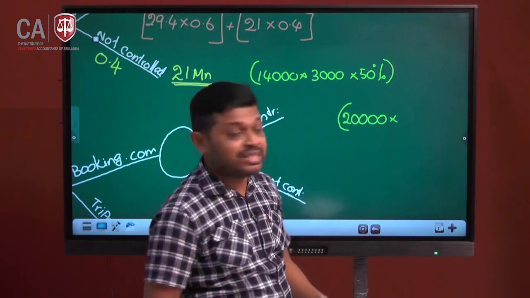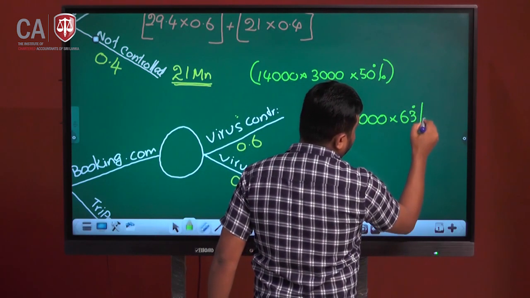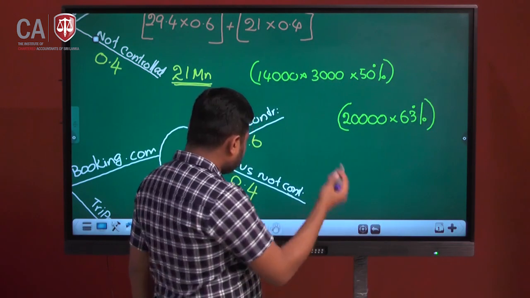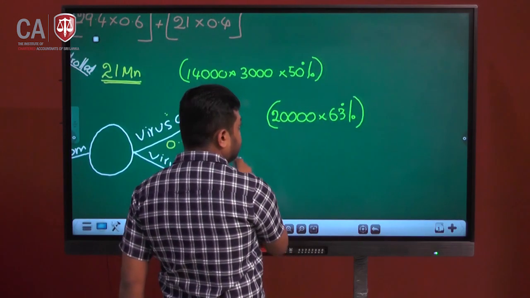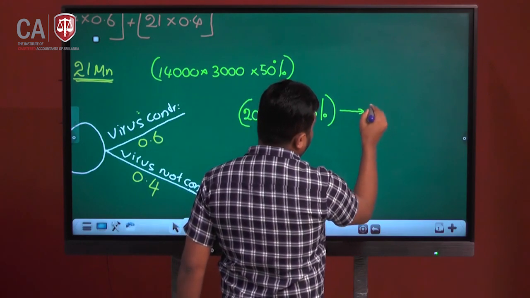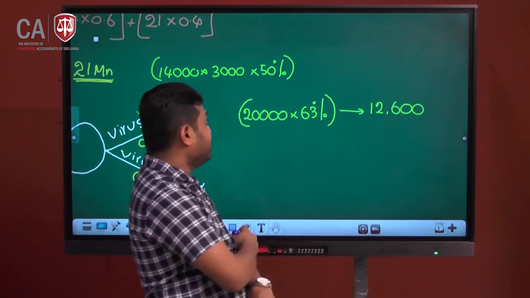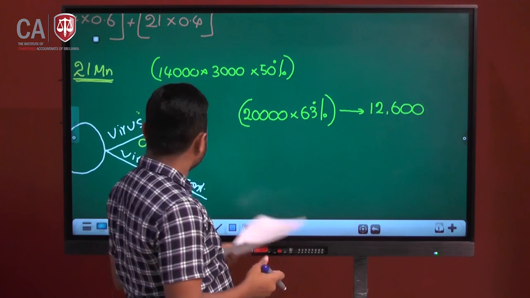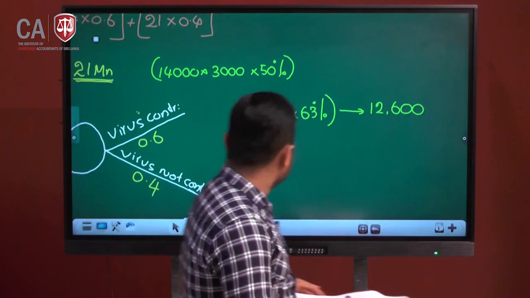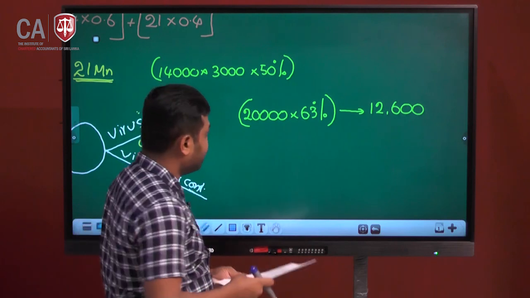Now it is 63% contribution. So you receive 12,600 per room night. Occupancy ratio given is 95% if the virus is controlled.